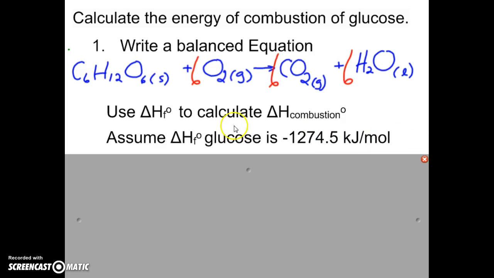This value may not be included in your textbook in the appendices, so that's why the enthalpy of formation of glucose is included here.